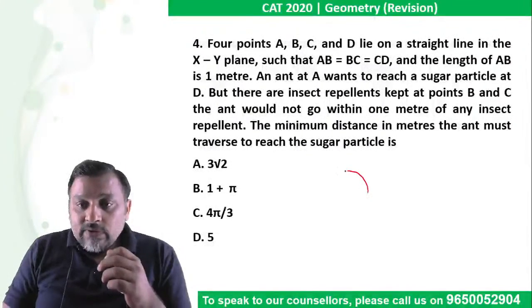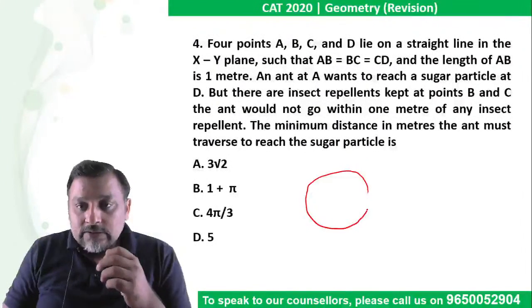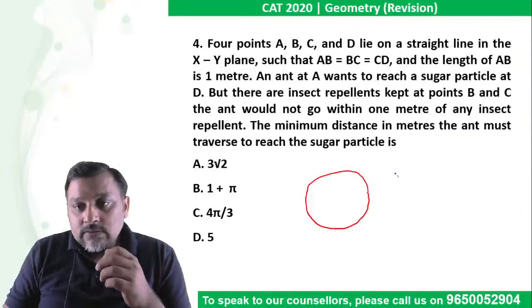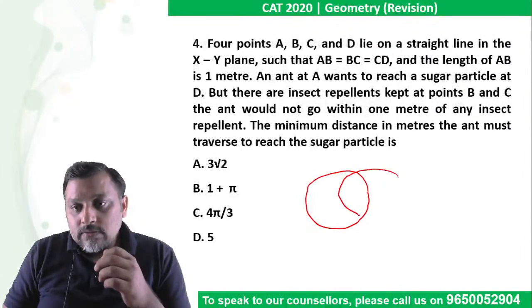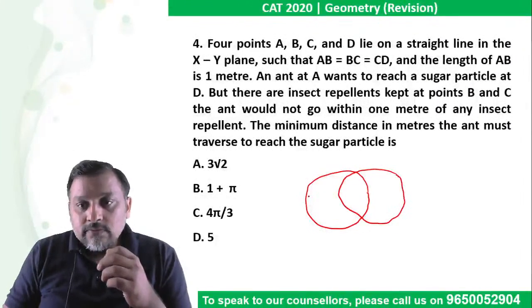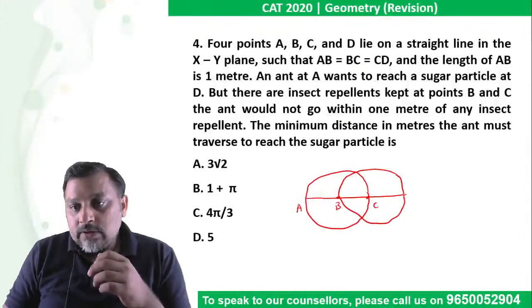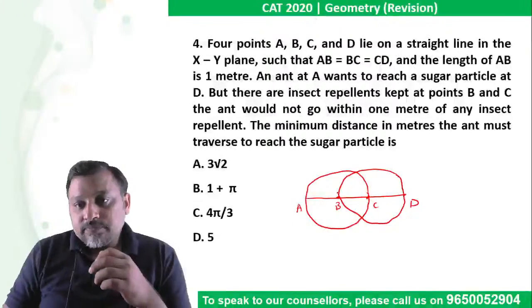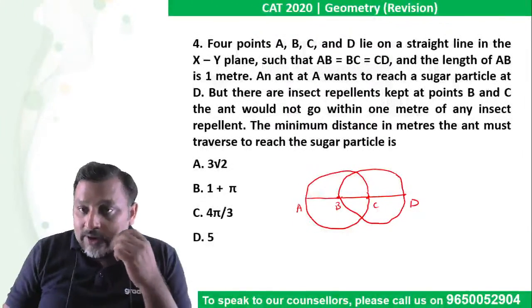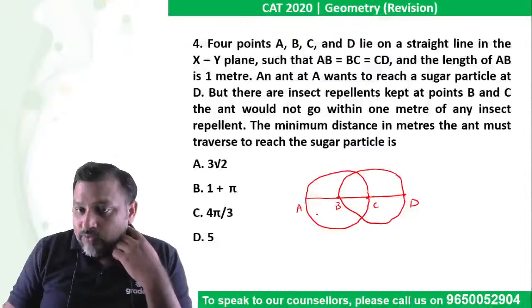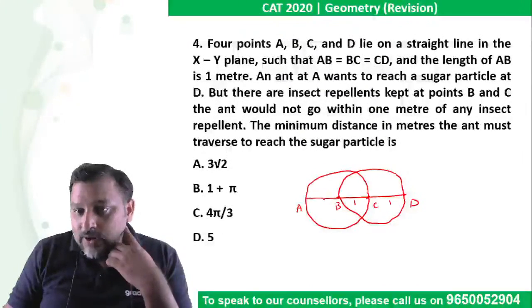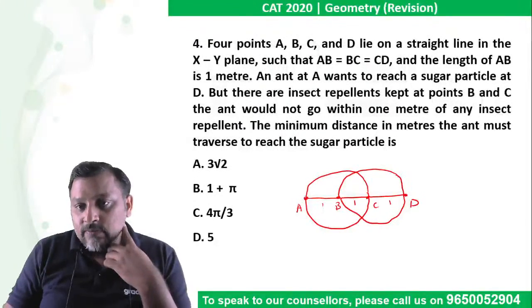So can we see we will have a case like this. This is point A, B, C and D. So can we say if each of this is 1, this is 1, this is 1. Ant is at this point and it needs to reach here.